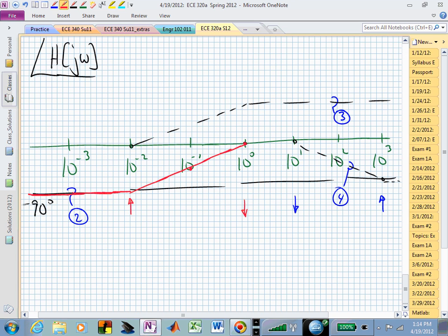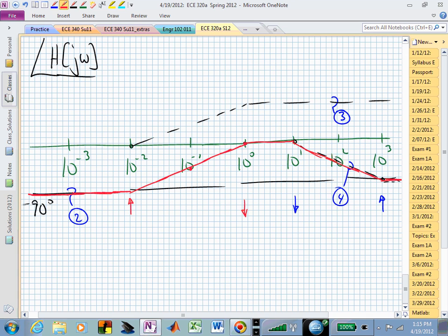Now what do I do? I'm not sloping anymore for a while, because everything is flat. Now I start sloping again. And I start sloping. And what you can do is you can say, okay, does this make sense?